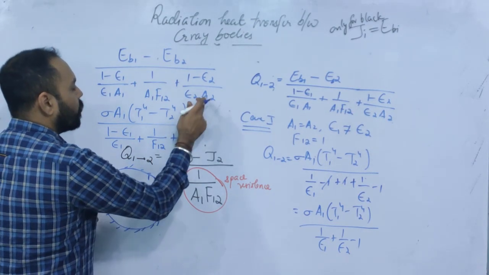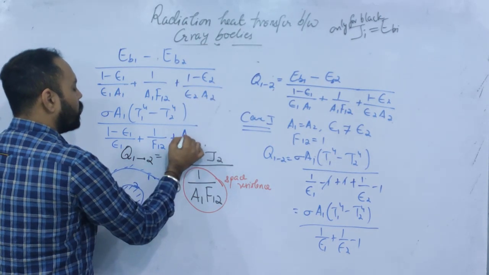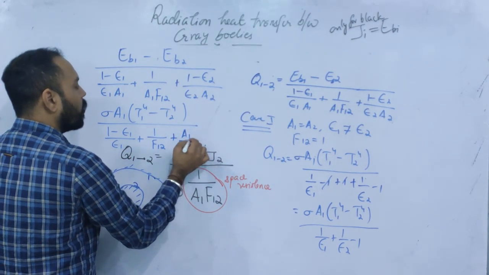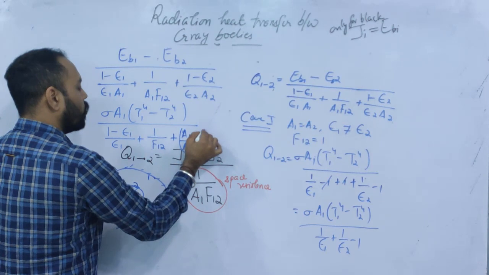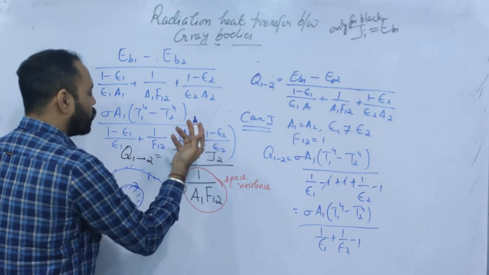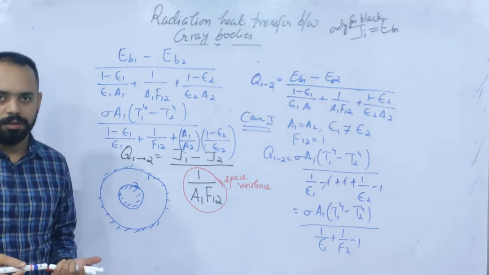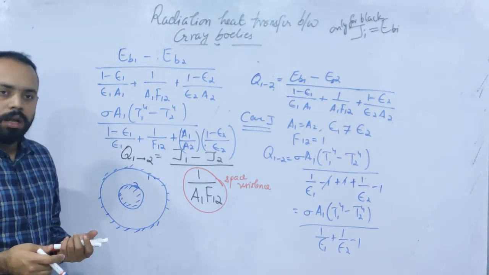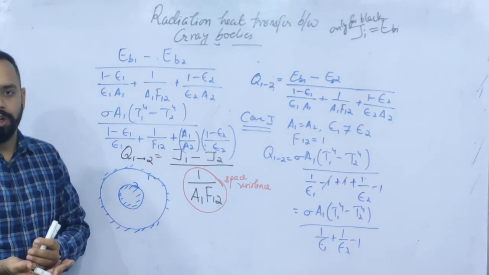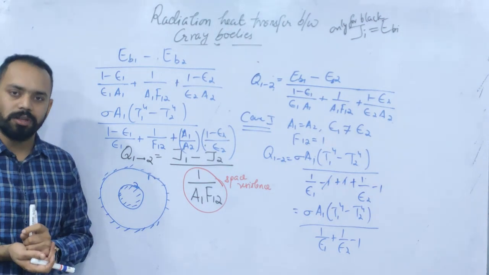Now this becomes A1 by A2 into (1 minus epsilon 2) by epsilon 2. Now just put the values of A1 and A2. This expression is also valid for a cylinder. But what is going to change? The values of A1 and A2, because for cylinder the surface area expression and for sphere the surface area expression is different.